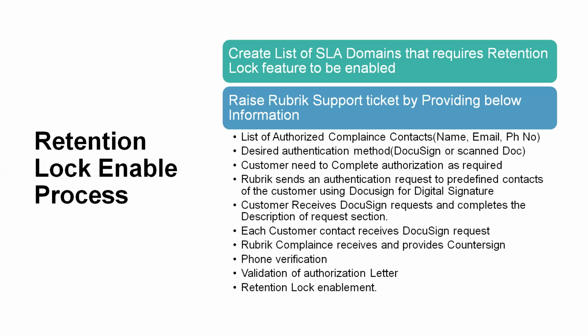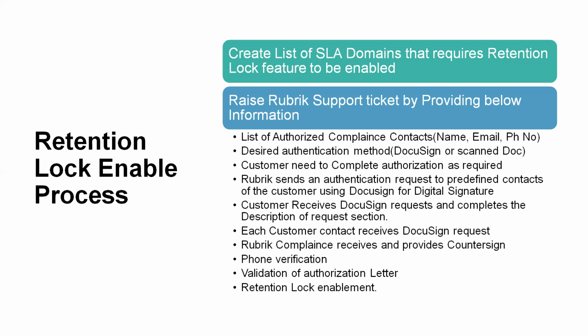Now the retention lock enable process. To enable retention lock, we need to follow this process. We have to create a list of SLA domains which require the retention lock feature to be enabled.